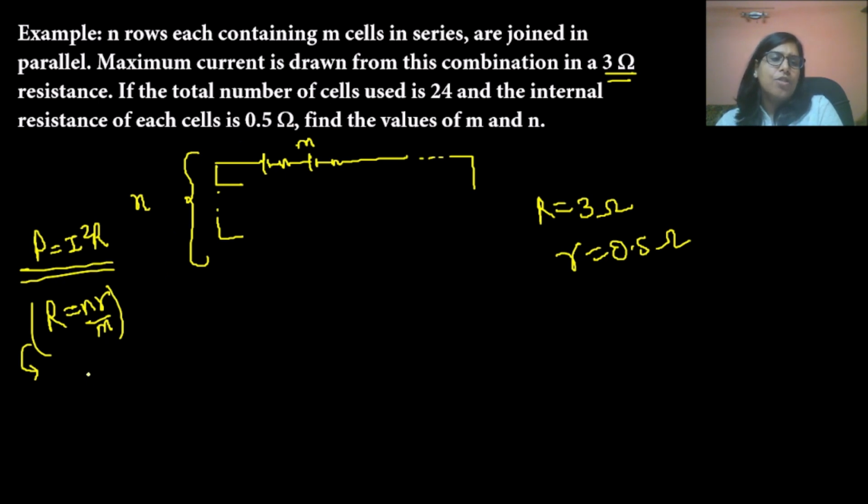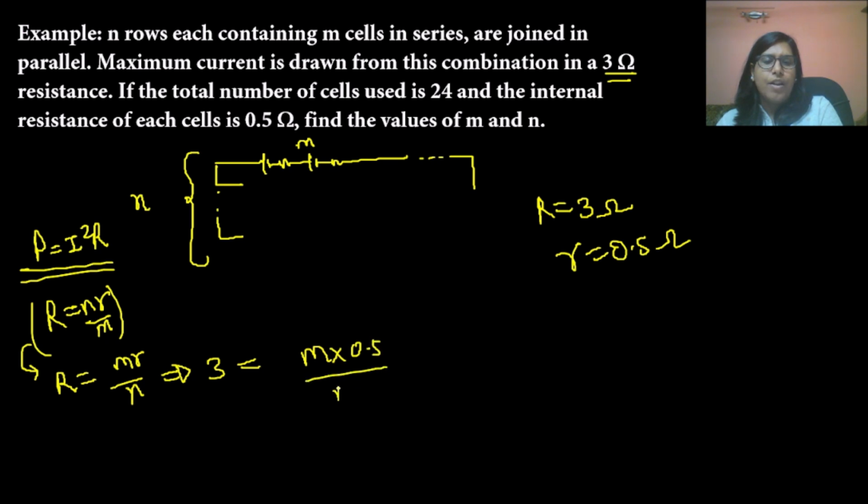So this will become R equals mr by n. First you have to observe this thing. R is given as 3 ohm, m into r, 0.5, upon n. This becomes 6n equals m.